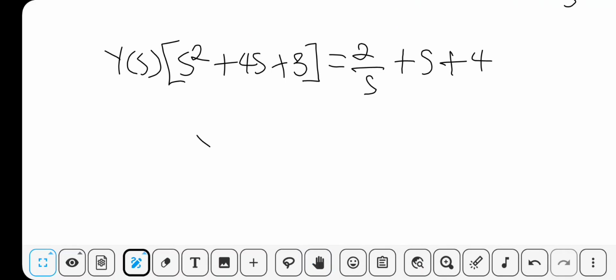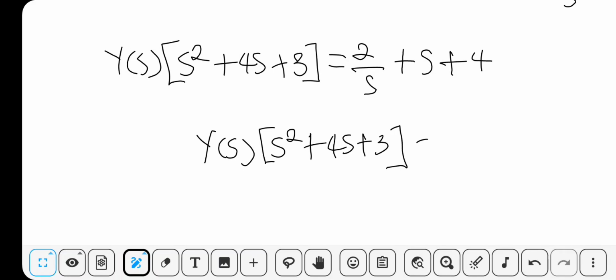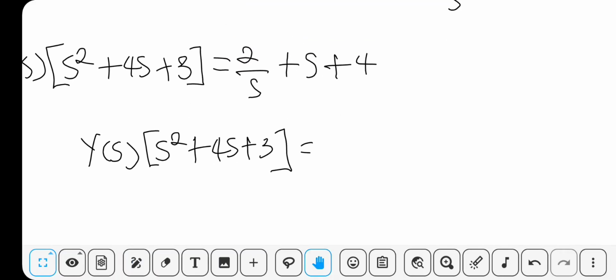So now Y of s, if we make it the subject, let me do it step by step. Y of s times s squared plus 4s plus 3 will now be equal to, if we add the right hand side, the LCM is s, so this will be 2 plus s squared plus 4s, over s.